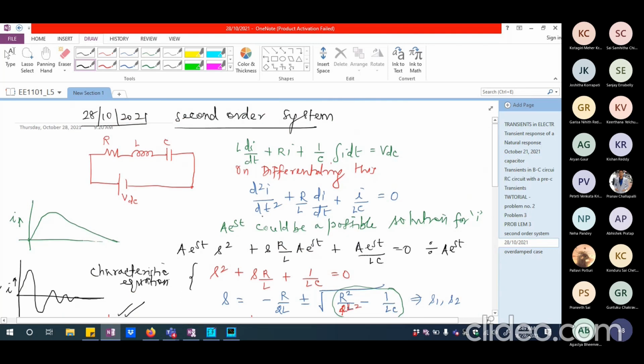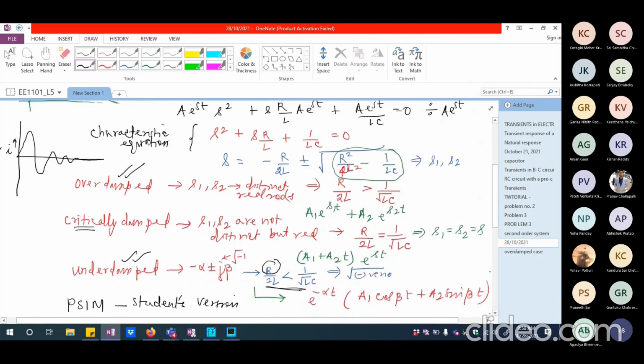The second graph, ma'am, can you please explain this one once again? See, basically, this is showing A e power, let me go back to the expression here. So this is going to be e power minus alpha t. Alpha is R by 2L. And whatever we have got is the sinusoidal function, which is cosinusoidal plus sinusoidal, which is essentially because of Euler's formula, what we discussed yesterday.